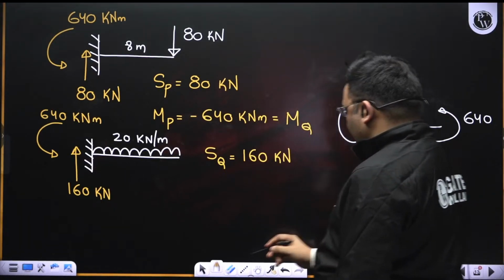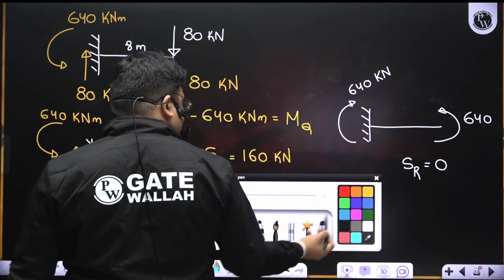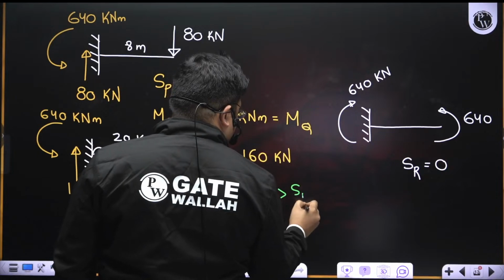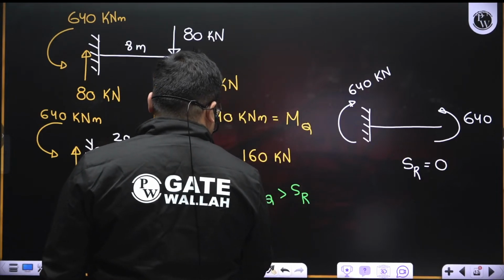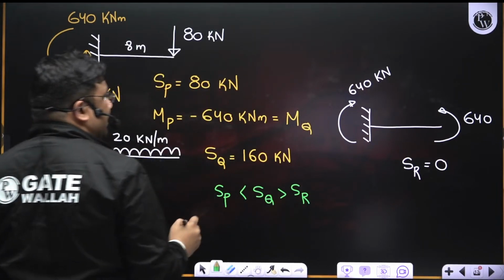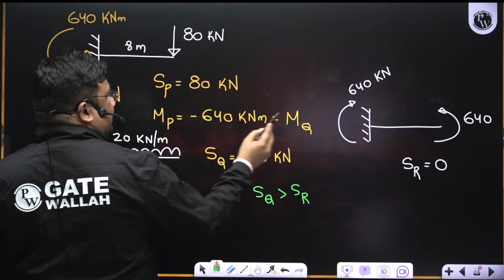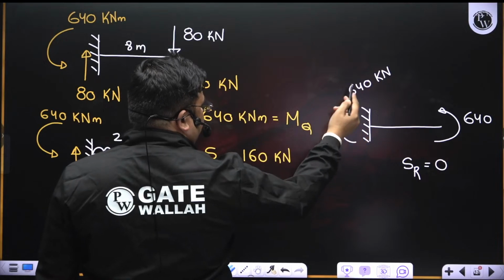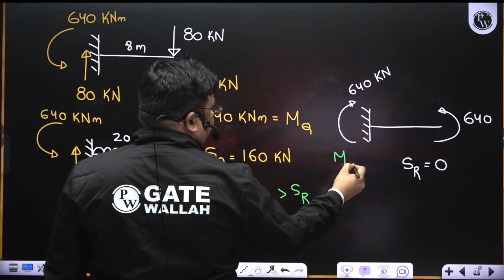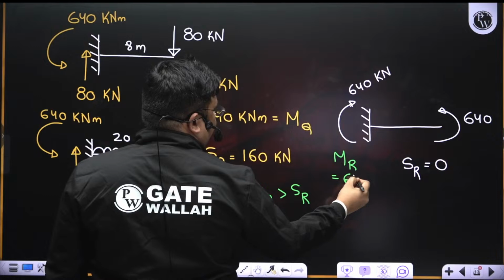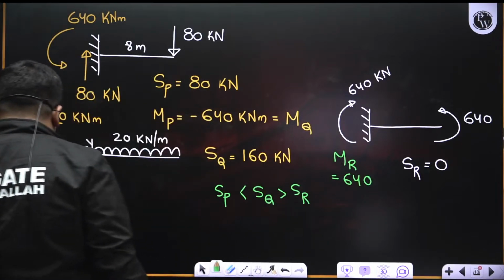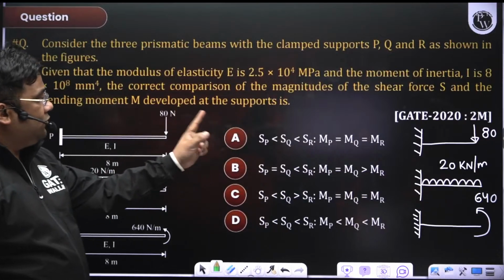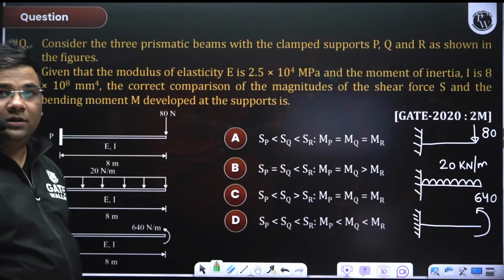When I compare, I can say that SQ is more than SR and SQ is also more than SP. And they have asked the magnitude. This is actually positive, because it is clockwise. So this is 640, but it is positive. But they have asked magnitude, right? Magnitude wise they are the same. So option C.